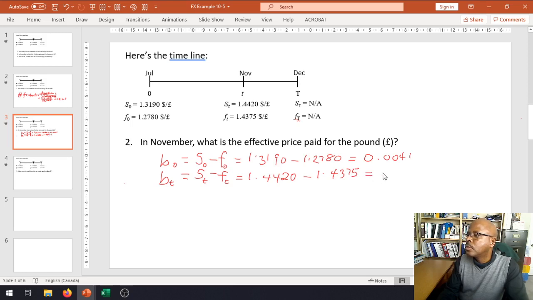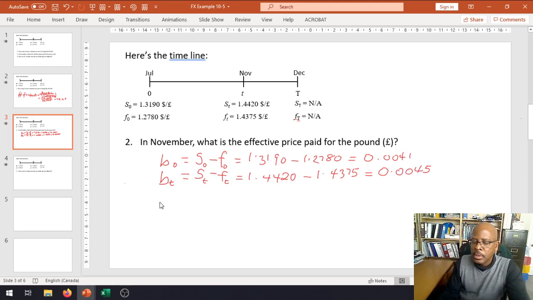That's equal to 0.0045. So with this, we ask ourselves, what is the effective price?